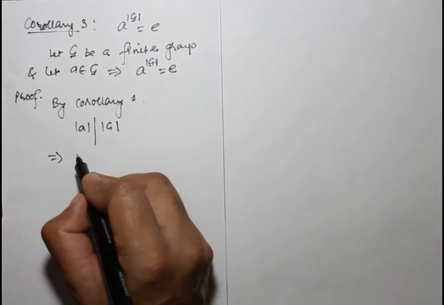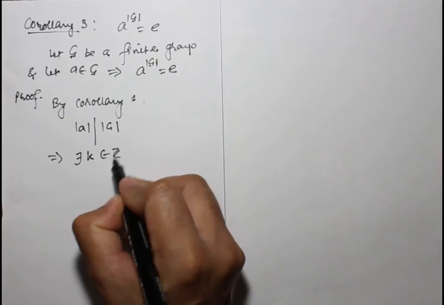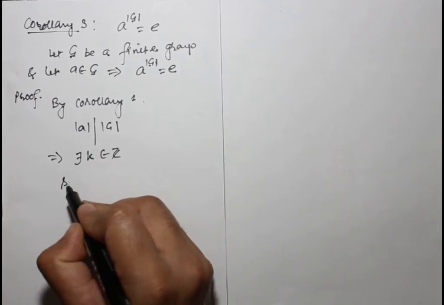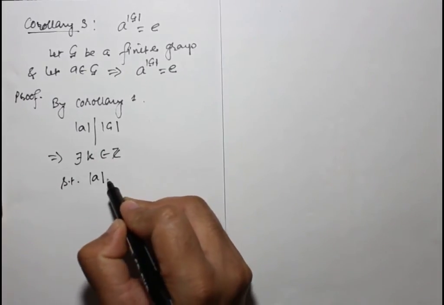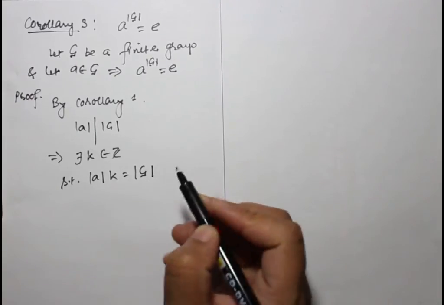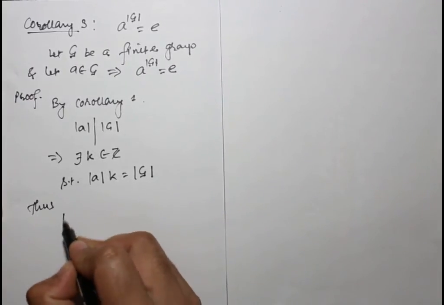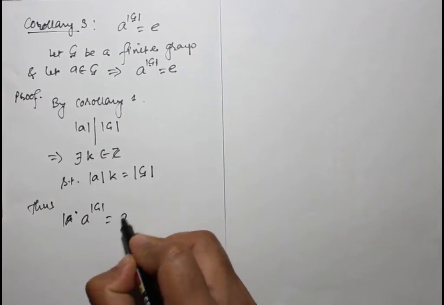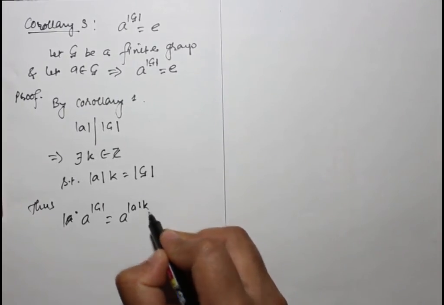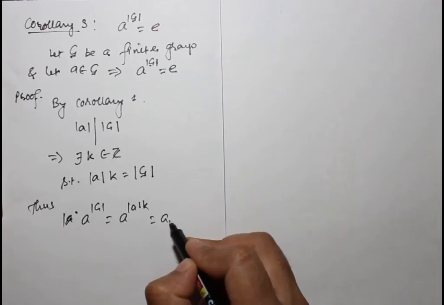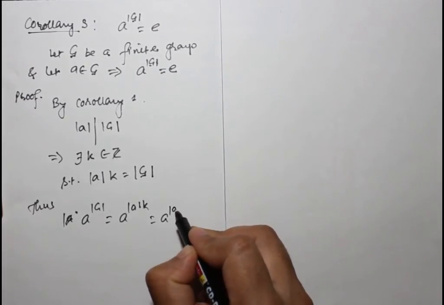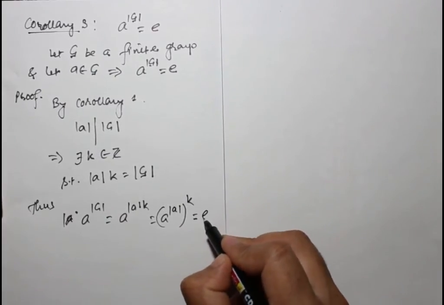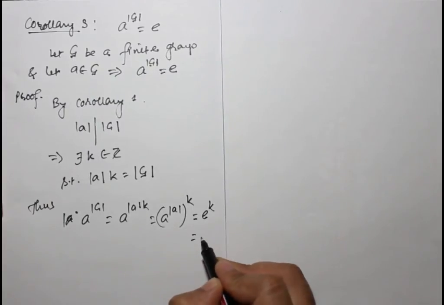It means that there exists some integer k such that order of a into k equals to order of G. Thus a to the power order of G equals to a to the power order of a into k, that is a to the power order of a, to the power k. It is always equals to e to the power k equals to e.